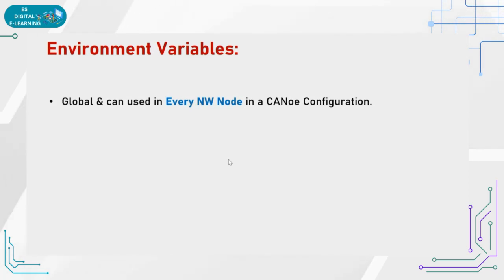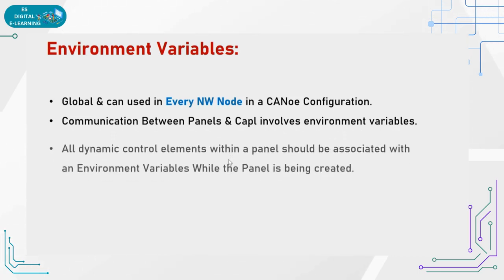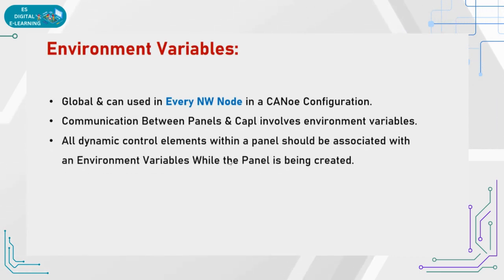We can use it everywhere in the network nodes in a CANoe configuration. Global means we can access it anywhere. It creates the communication between the panel and the CAPL. If we are programming in CAPL, then from the CAPL programming it may interact with the panel GUI with the help of environment variables.